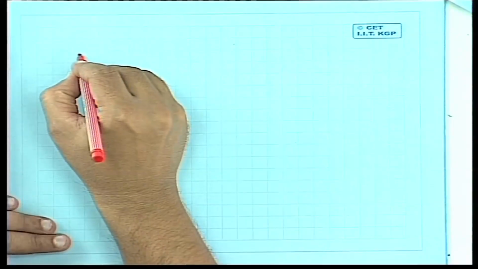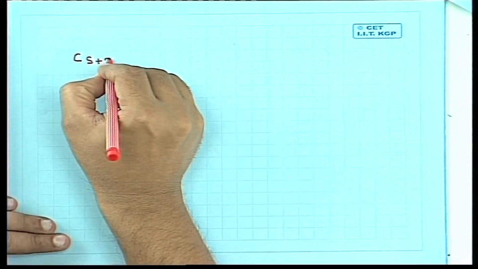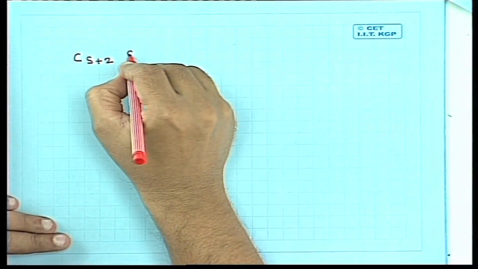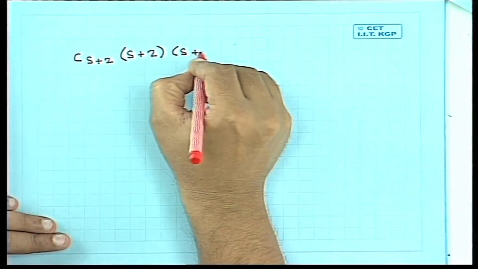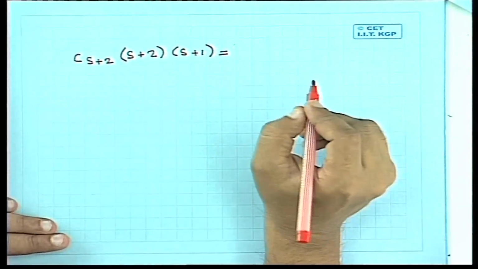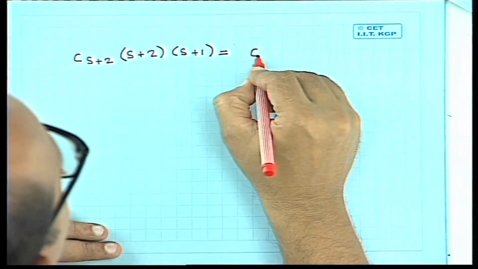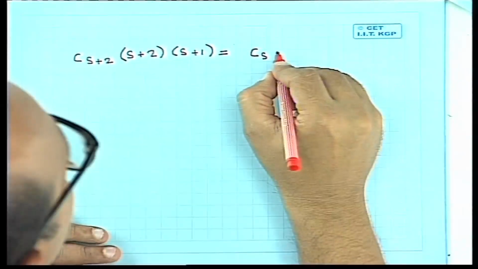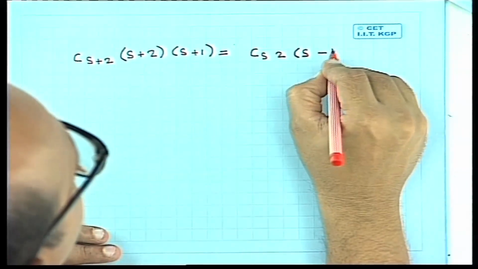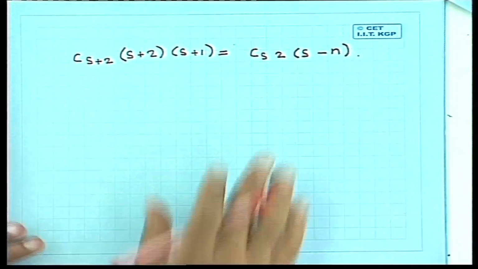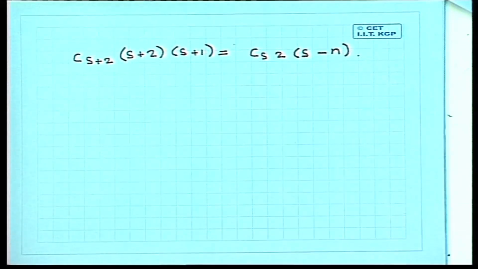We obtain the relation that C s plus 2 into s plus 2 into s plus 1 is equal to Cs into 2s minus n, where n is some constant which is a part of the equation. n follows from the energy, from the eigenvalue which we want to solve for.